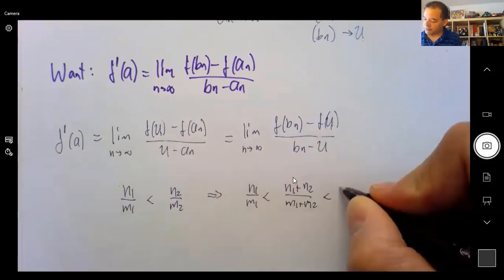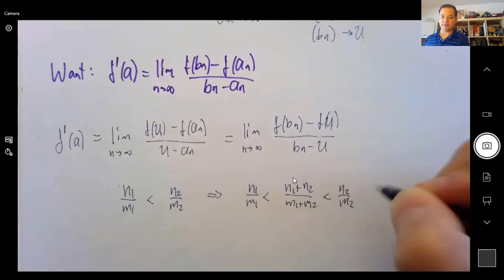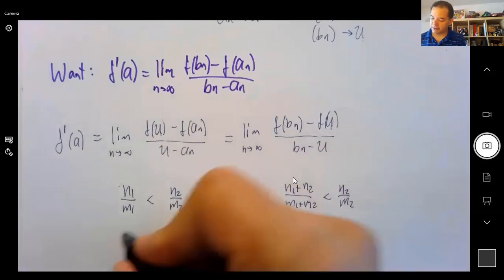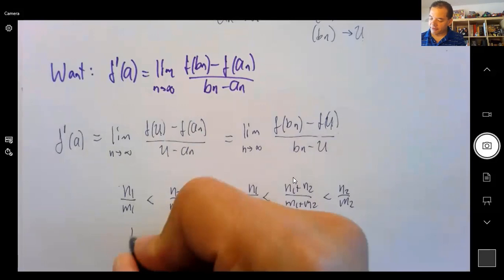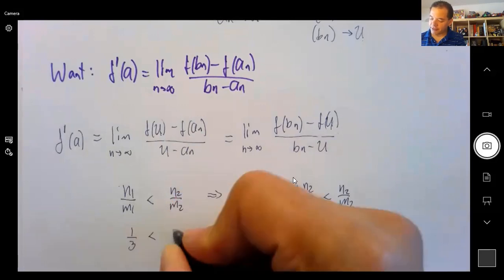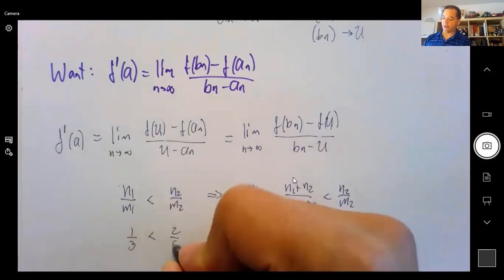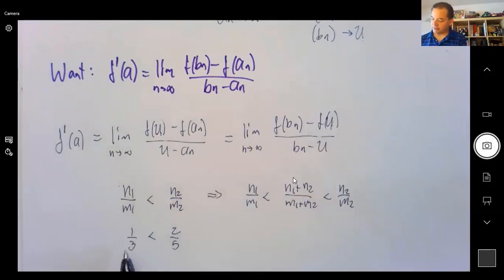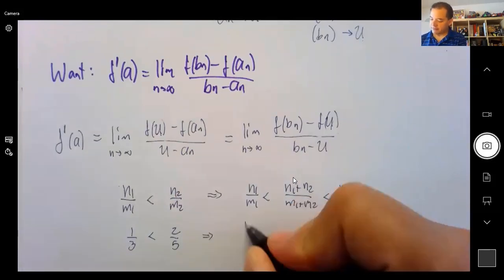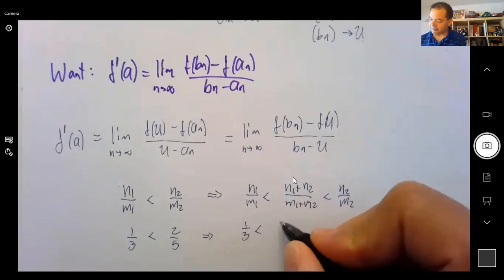And that one is always in between. For example, 1/3 is less than 2/5. This is like 0.3 and this is 0.4. So if you do 3/8, that's right in between.